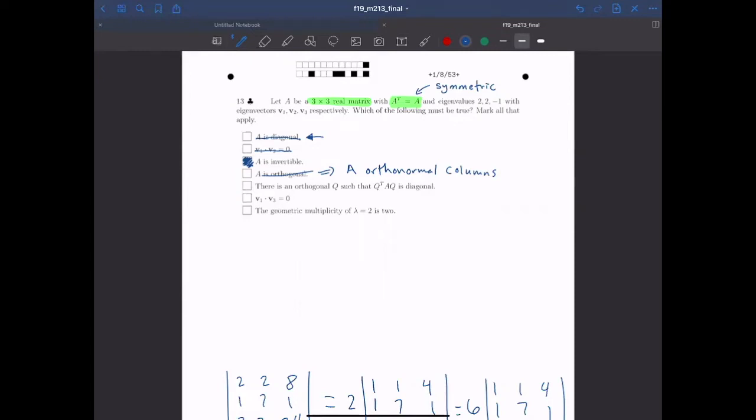So for example, you could have 1, -1, -1, and 1 be your eigenvalues. All the eigenvalues really have to be plus or minus 1. Technically speaking, it is possible to get complex numbers as your eigenvalues.